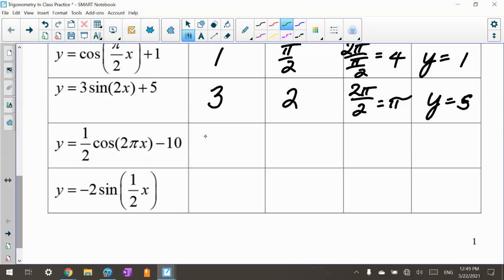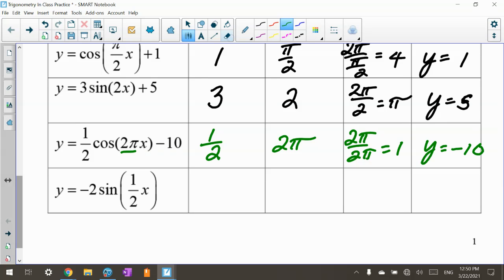This one here, my amplitude's a half, my frequency is 2 pi, my period is 2 pi over 2 pi, or 1, and my midline is y equals negative 10. This poor graph got shoved all the way down to y equals negative 10.